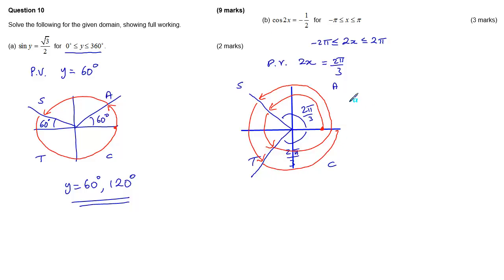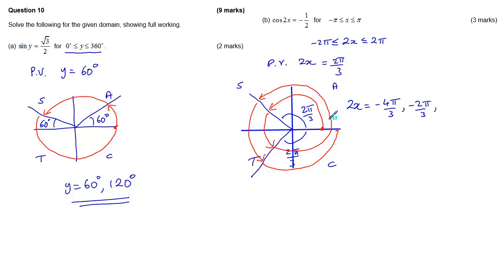So 2x is going to be, the first one, we started at -2 pi, which is -6 pi by 3. We went forward 2 pi by 3, so that's -4 pi by 3. Then the next one would be at -2 pi by 3.